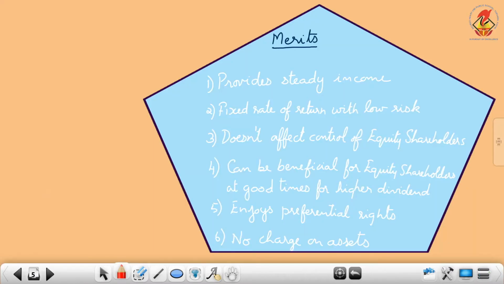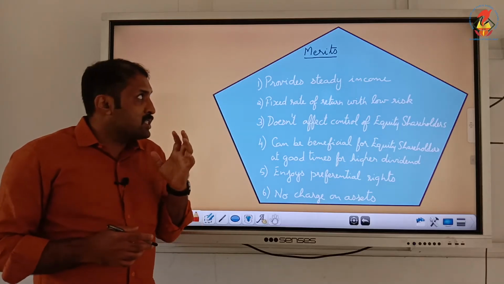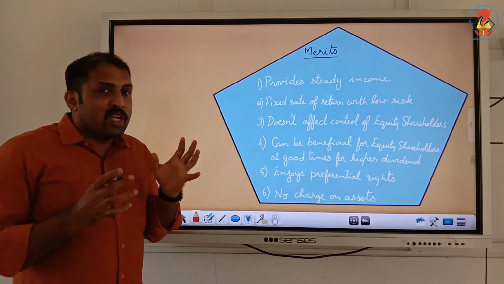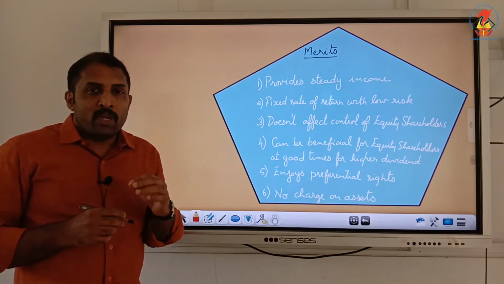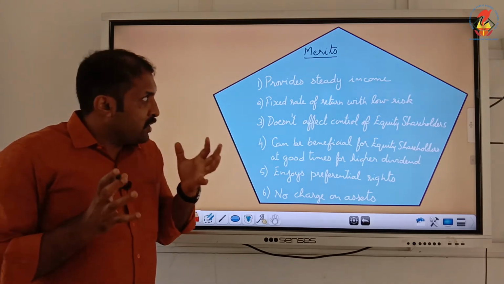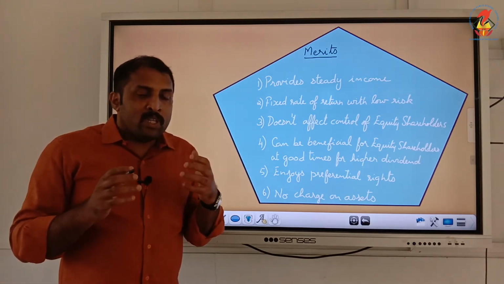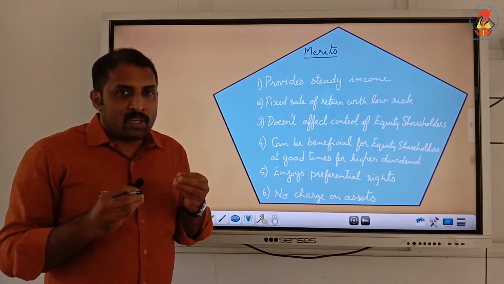Merits of preference shares. First and foremost merit is that it provides steady income, because a fixed rate of dividend is to be paid. So whenever there is earnings, they will get paid that fixed rate.